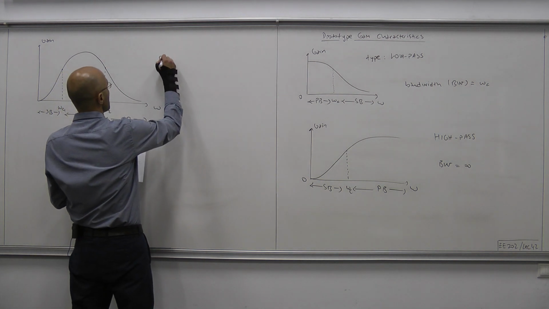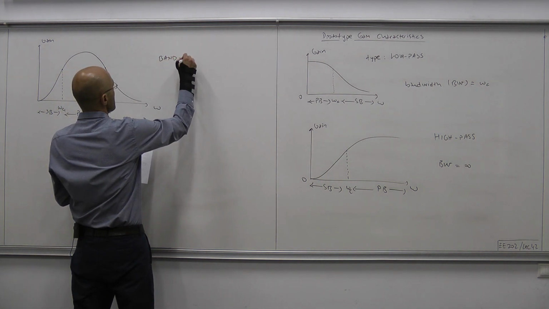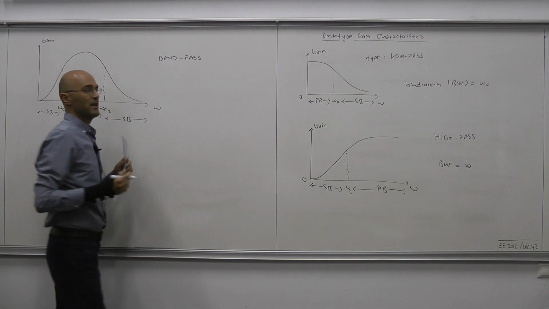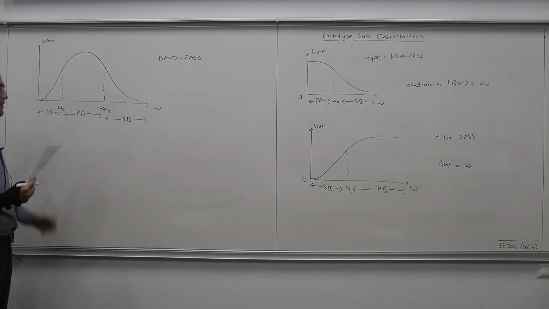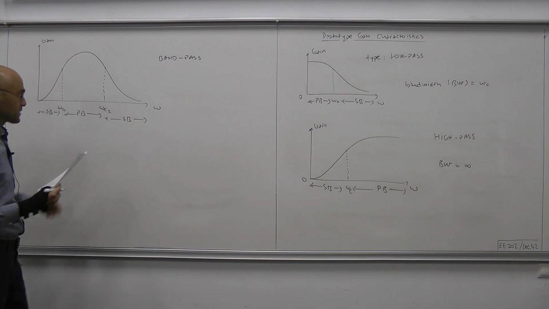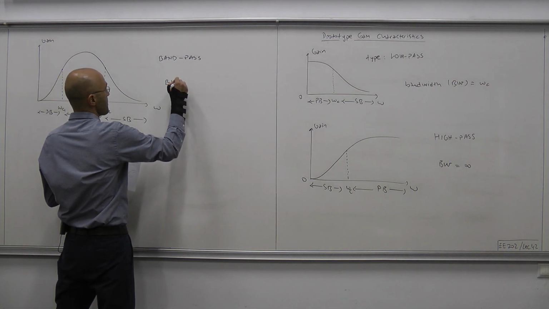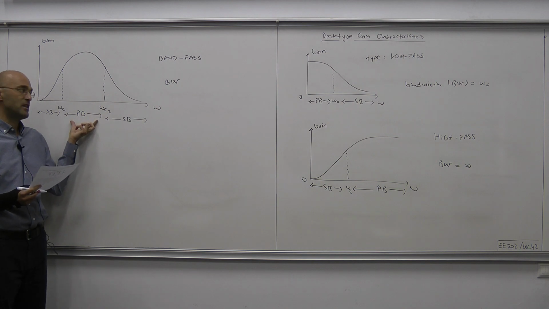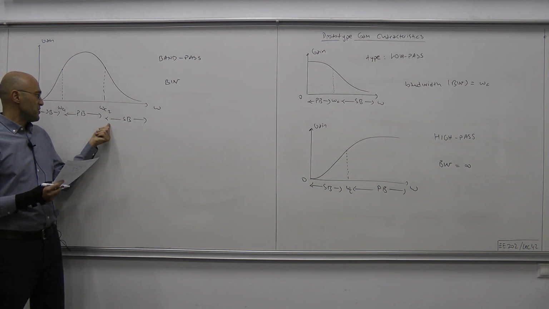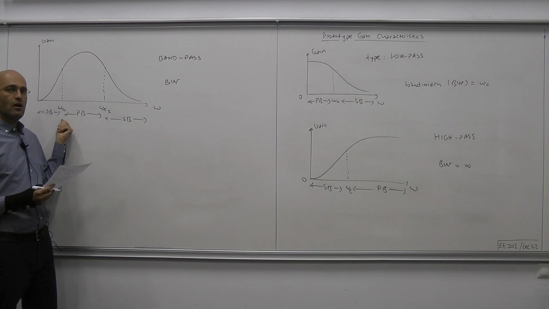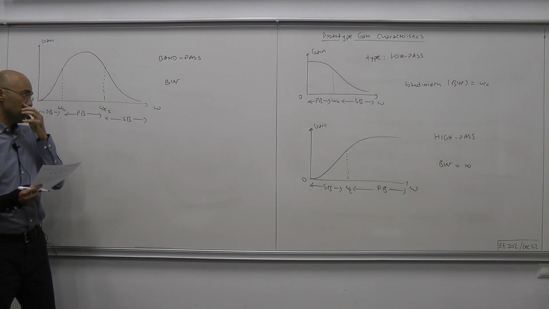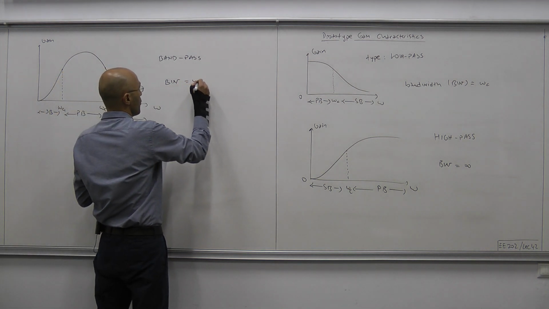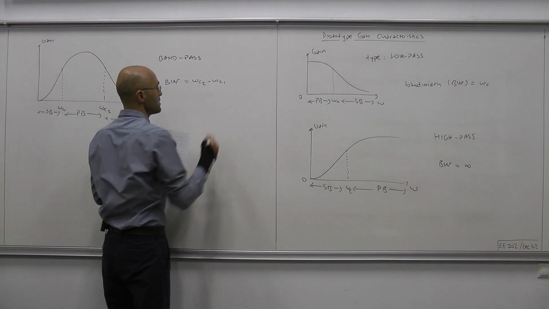So this is what we call a band pass gain characteristics. And as for the bandwidth, it is the length of the passband window. In this case, it's omega c2 minus omega c1.